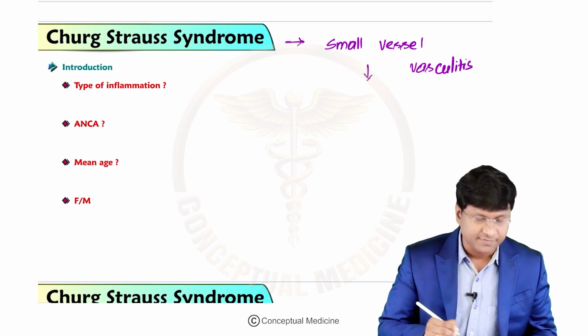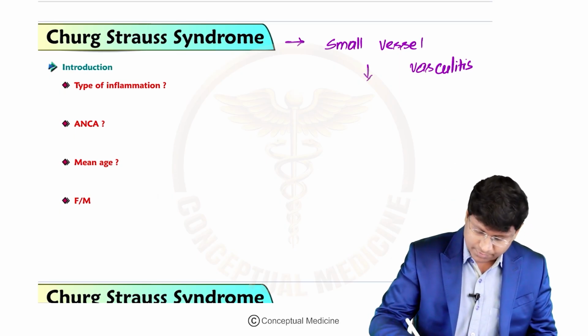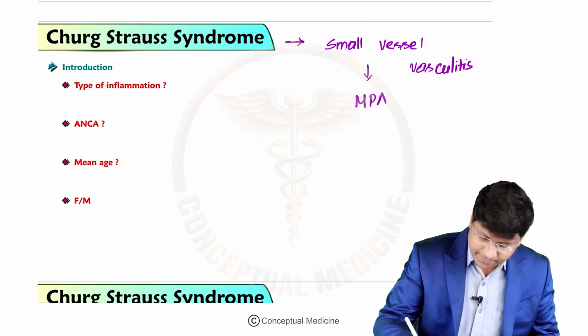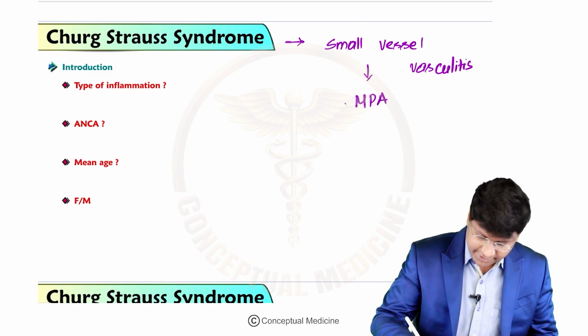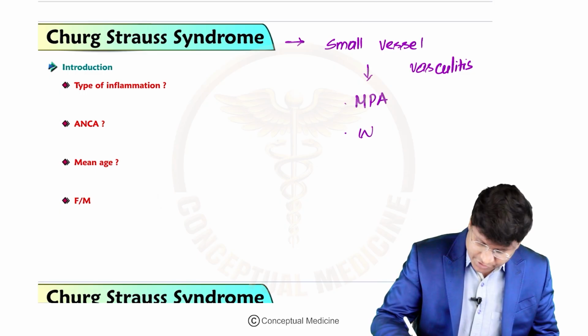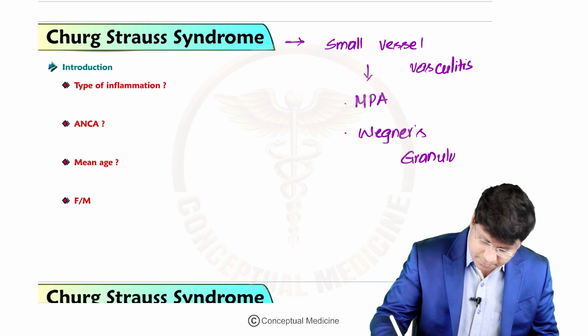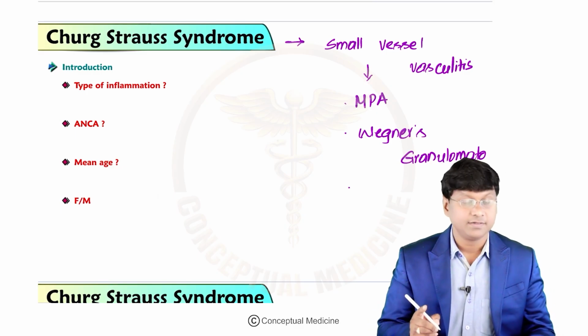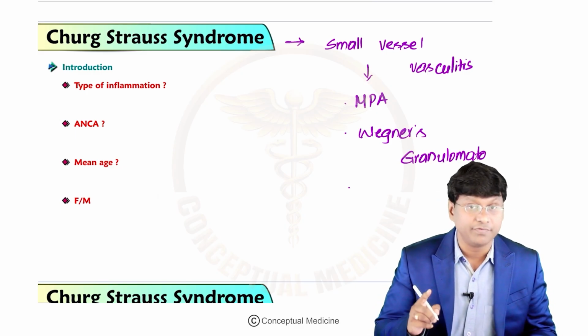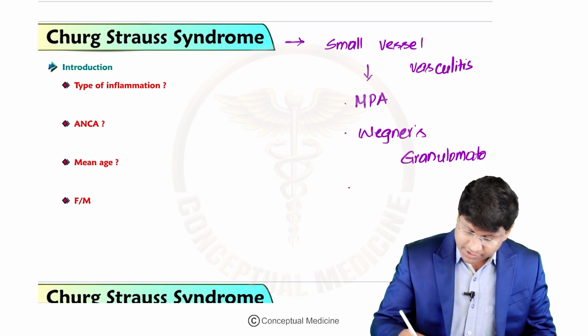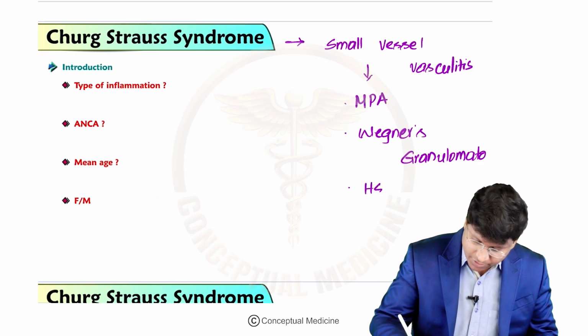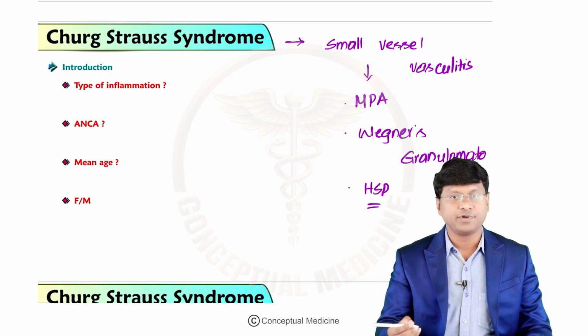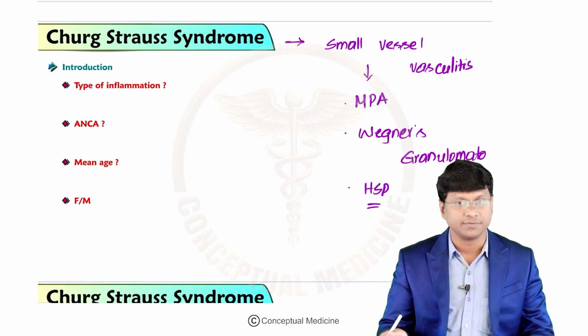Other examples include microscopic polyangiitis, then Wegener's granulomatosis. Then the next very important type is Henoch-Schonlein purpura, the most common type of vasculitis in children.